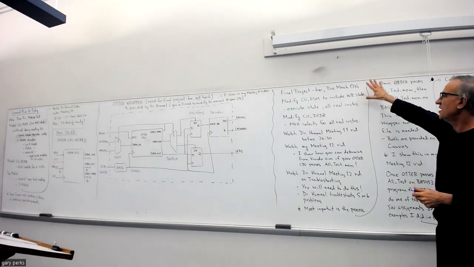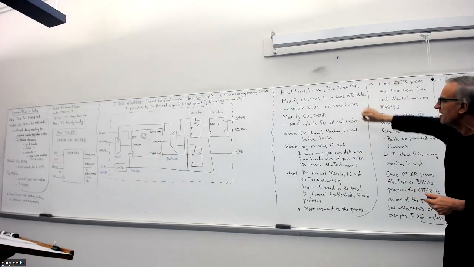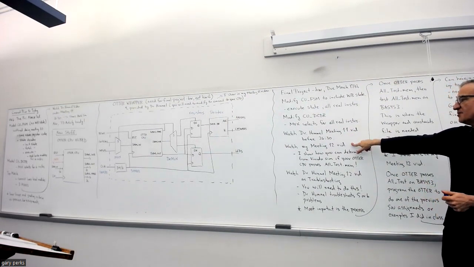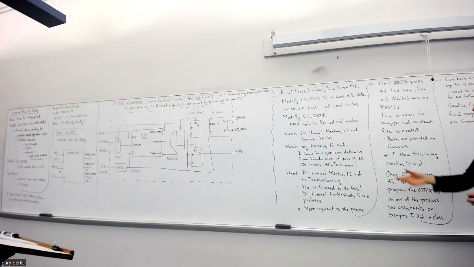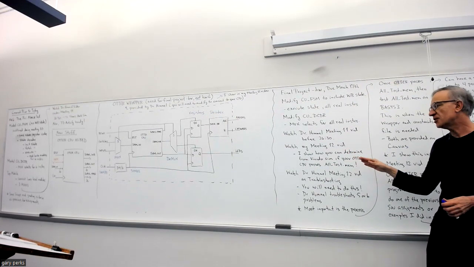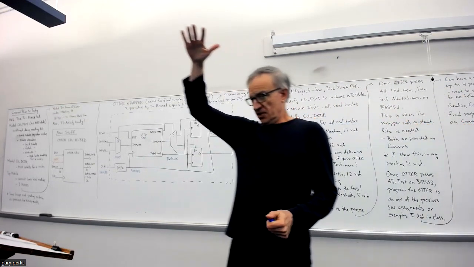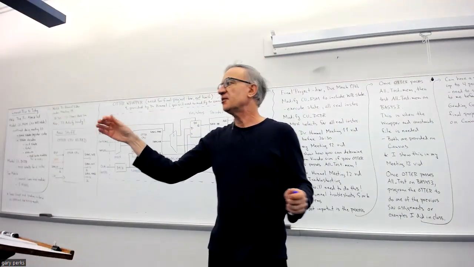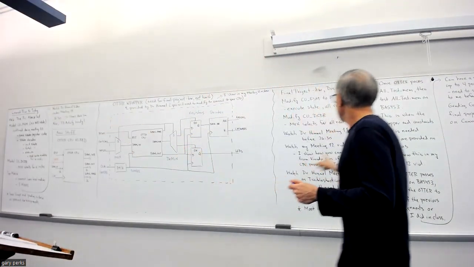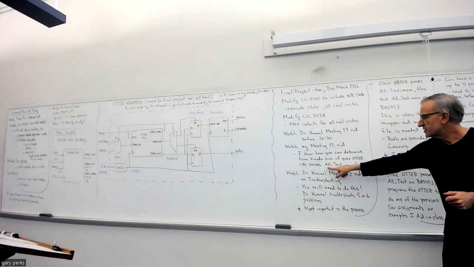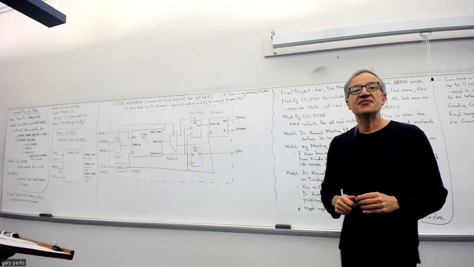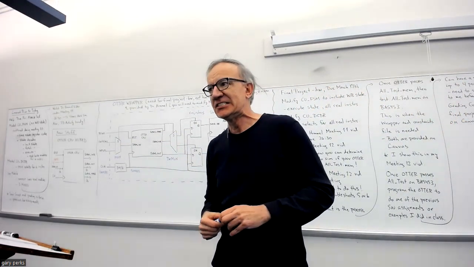Okay, so we talked about that you're going to have to modify your control units. Watch this video. Then watch my meeting 12 video. Because what I show you in that video is how to determine whether your Otter will pass this test that shows that it will execute all instructions. See, we have this mem file, the all test mem file, it's on Canvas. That all test mem file has 4,000 lines of instructions.